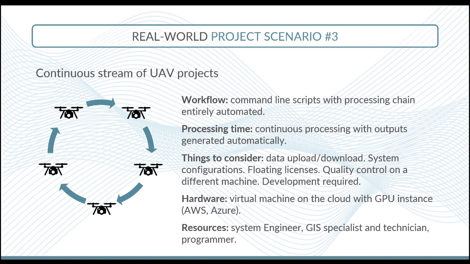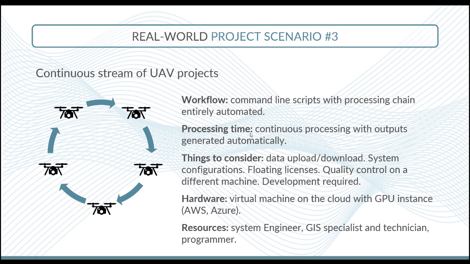Now it will be time to start looking at command line and scripts. You will want to automate all of your processing so you can run these projects one after the other using the scripts of Correlator3D, with a processing chain that would be entirely automated.